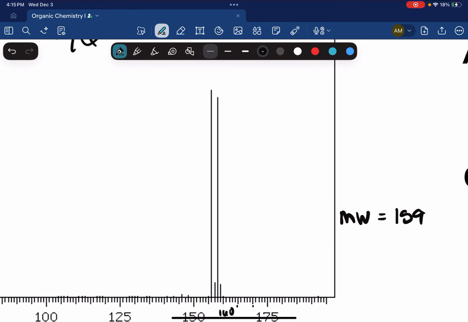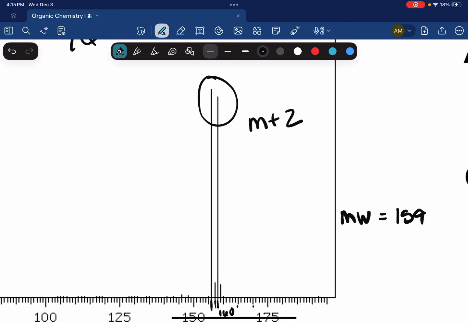Actually, hold on. We're looking at these big ones. We got 1, 2. Okay, this is an M+2 peak. Wrong. You go with the last ones. Sorry, guys.